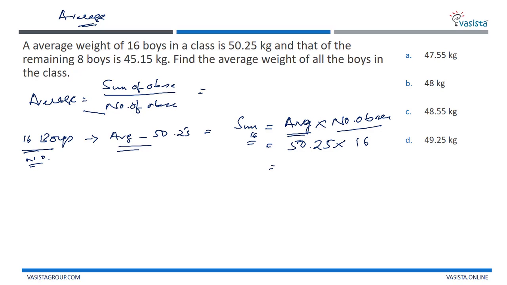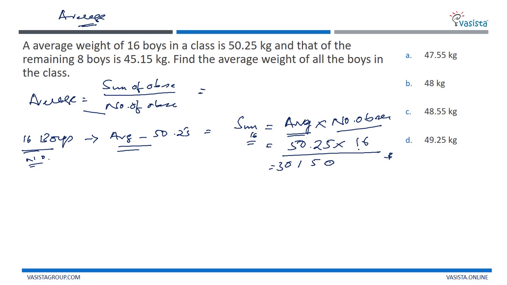Now multiply it. 6 5s are 30, 0 and 3 carry. 6 2s are 12 plus 3 is 15, 1 carry. 6 0s are 0 plus 1 is 1. 6 5s are 30.